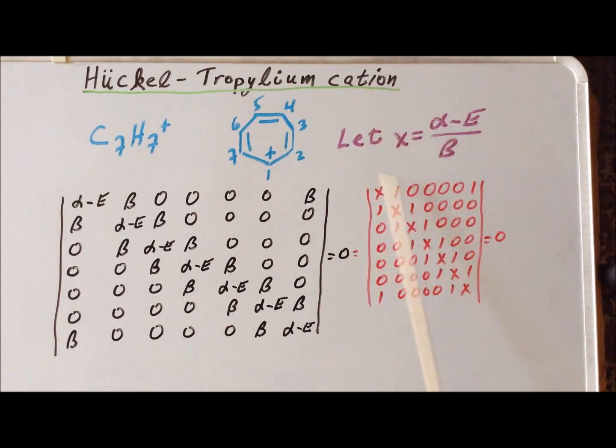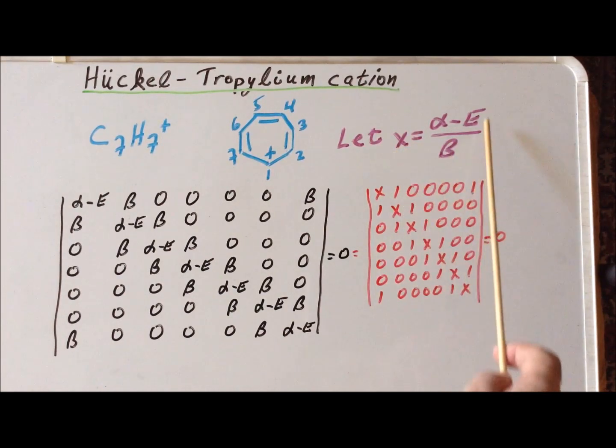After making this substitution, we have transformed our equation into this secular determinant. We're going to try to solve for x, and we'll have a possibility of 7 solutions, and those 7 solutions we will back substitute into this substitution to get the energies for the different energy levels of tropylium.